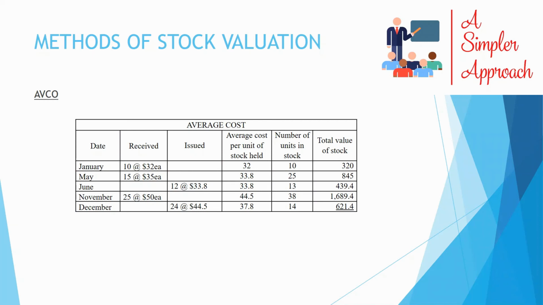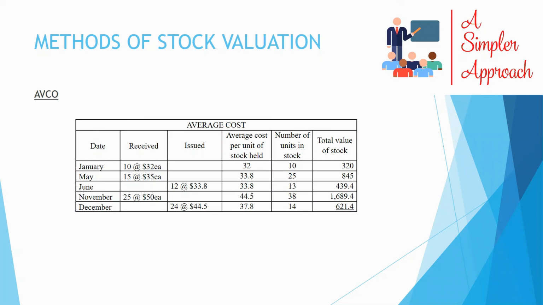How do we calculate this? We multiply 24 by 44.5 and subtract that value from what we had before, which is 1,689.4. Okay? And we have agreed that that brings us to 621.4.